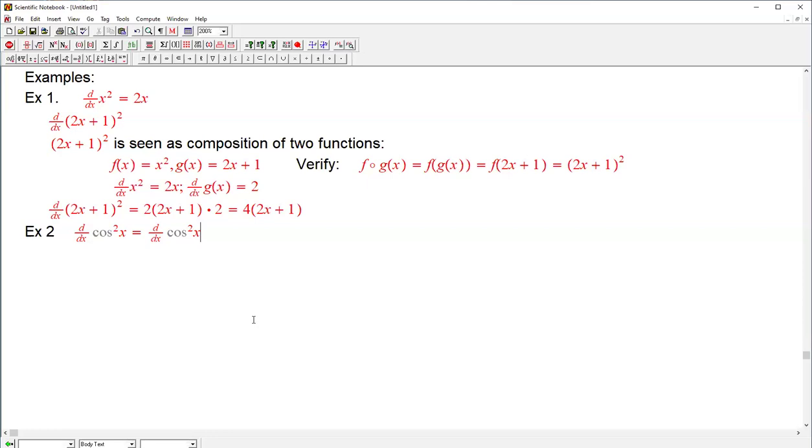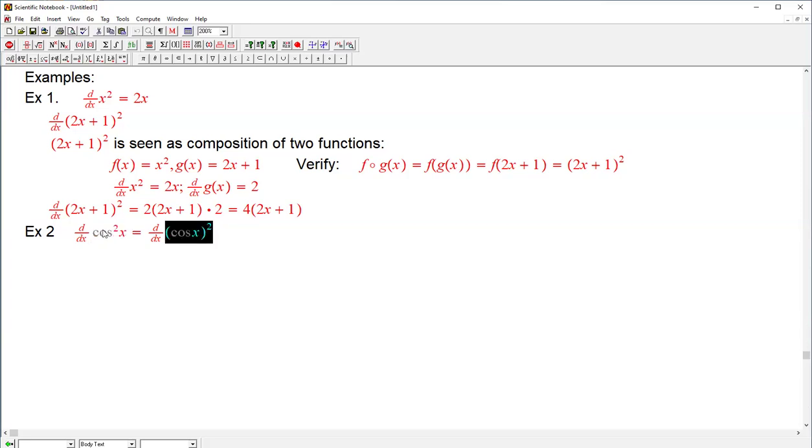Cosine squared is seen as a composition of 2 functions. Cosine squared x is actually the same as cosine x squared, so these two are the same.